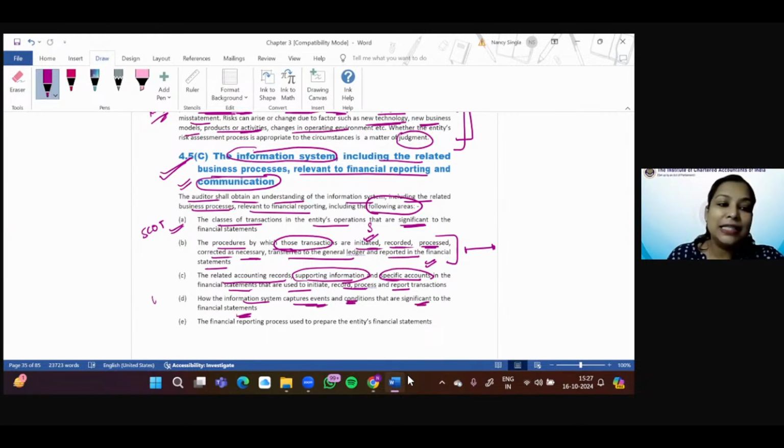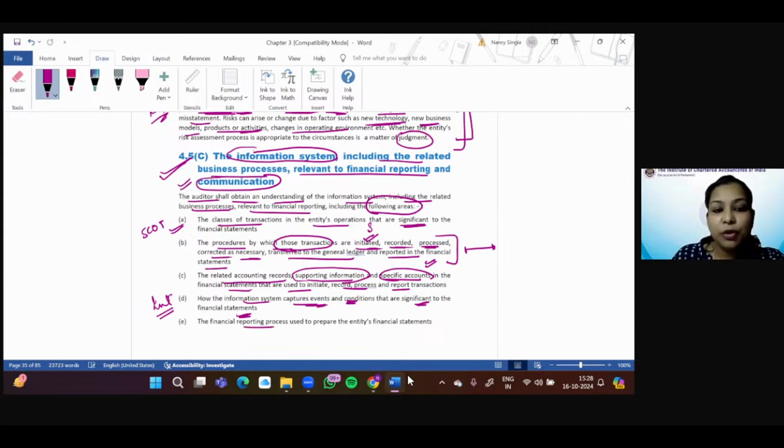Right? Let's say some interest payment is to be done with respect to a debt every month. So there can be an internal control within the information system that every month a reminder will come to the concerned person and an entry will be posted automatically, right?